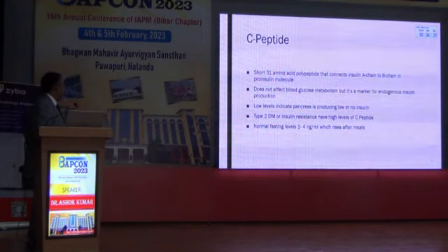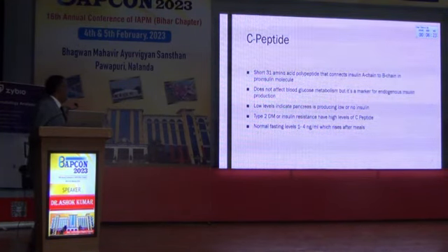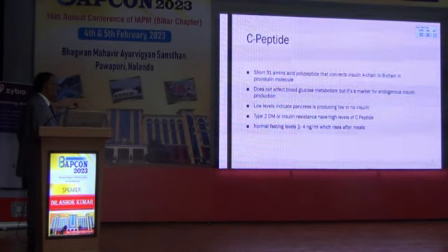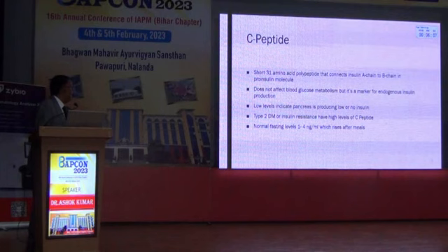Low levels indicate the pancreas is producing low or no insulin, as in type 1 diabetes. A high level says insulin production is there, but the body is unable to utilize the insulin. Its normal fasting range is 1 to 4 ng per ml, which rises after meals.